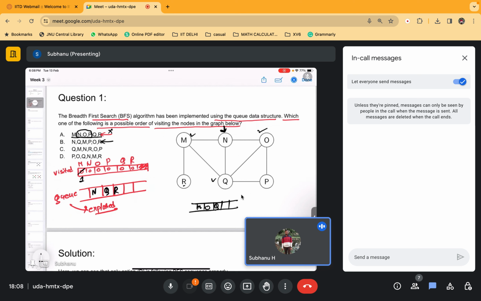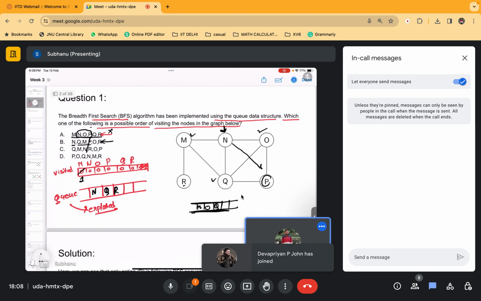Here it says that if you start from N, then it will be Q, M, P. But P is not in the queue, because it's not at one hop distance from N. So this option is also not correct.